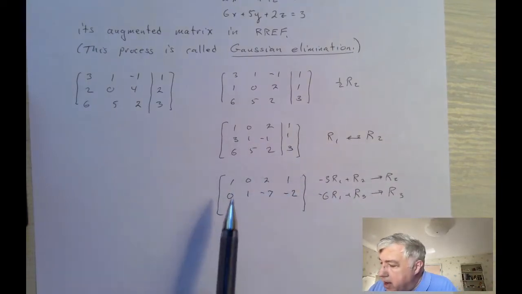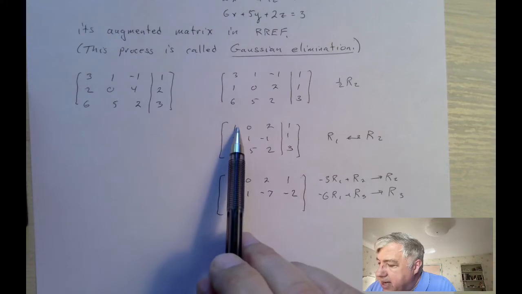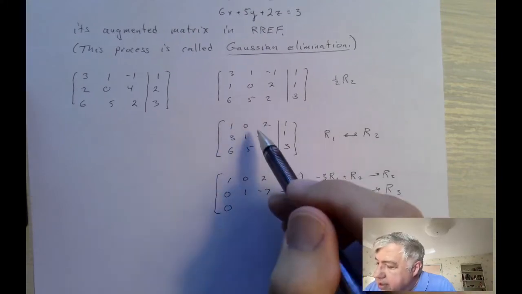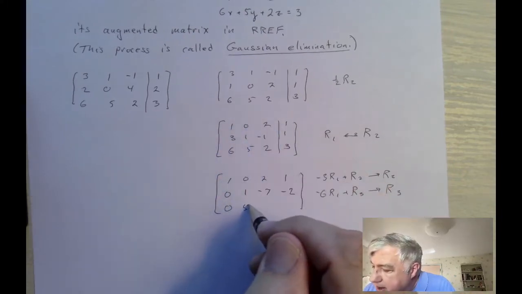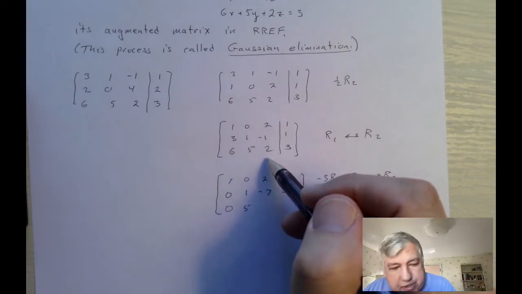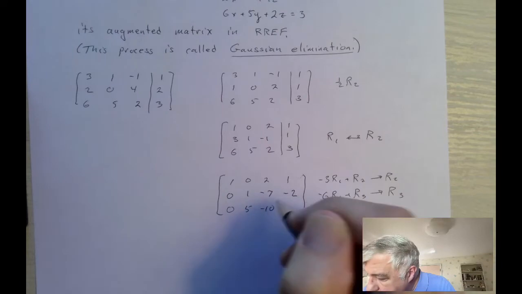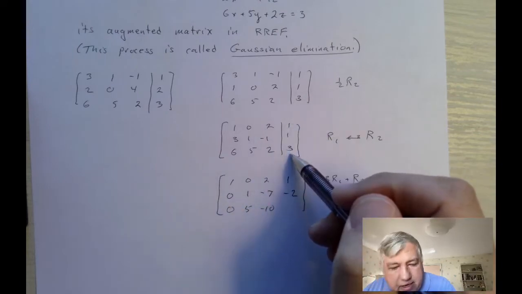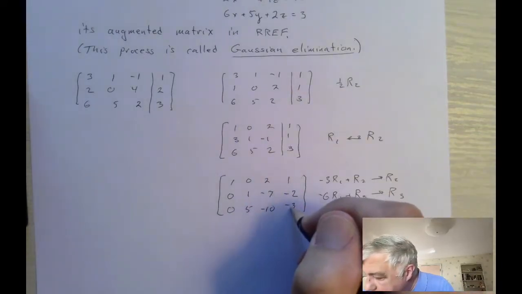Okay, and then now we're going to use -6. -6 plus 6 is 0. 0 plus 5 is 5. -12 plus 2 is -10. And -6 plus 3 is -3, I think.